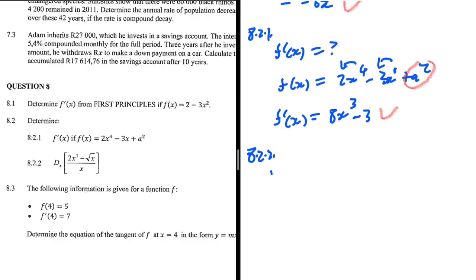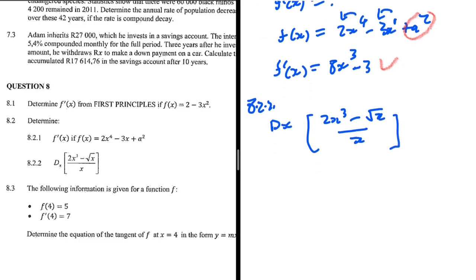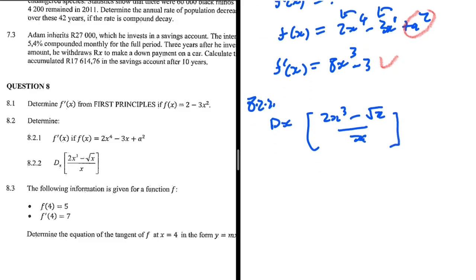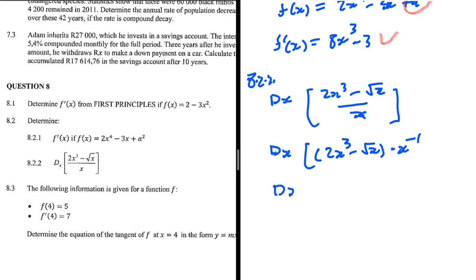8.2.2, we are looking for the derivative with respect to x of 2x to the 3 minus square root of x, all divided by x. Instead of dividing by x, let's multiply by x to the minus 1. We can do that. So we have 2x to the 3 minus square root of x multiplied by x to the minus 1. What is 2x to the 3 multiplied by x to the minus 1?